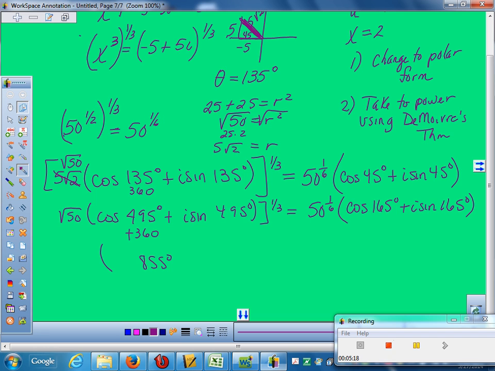Well, if it's x cubed, I'm supposed to get 3 answers. I've got 2 answers. I need my 3rd answer. But there's going to be a shortcut here in a second. So if that's 855, what's going to end up over here? How do I figure out what angle that's going to be? 855 divided by 3, because you're going to take 1/3 times 855.